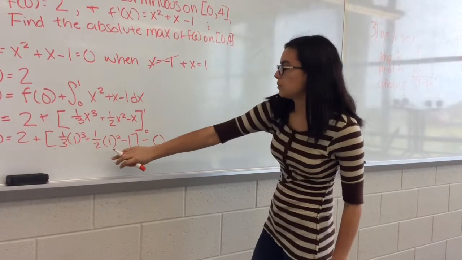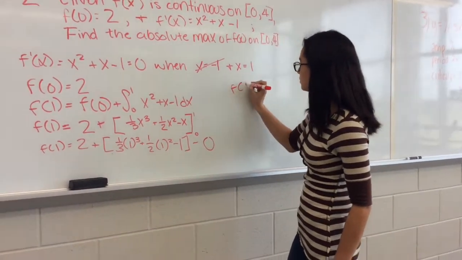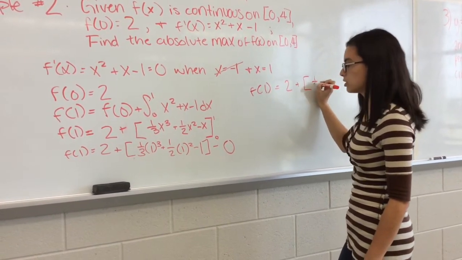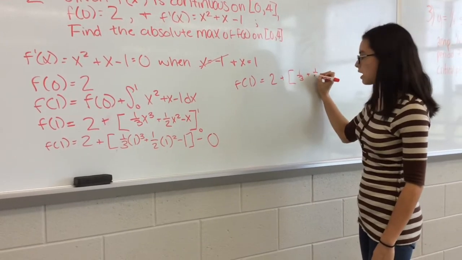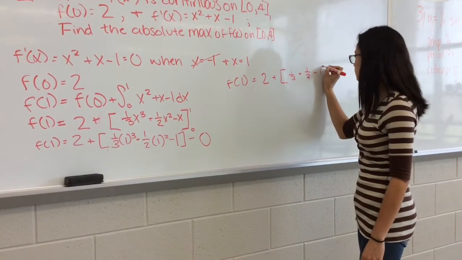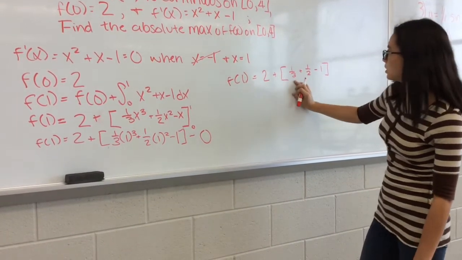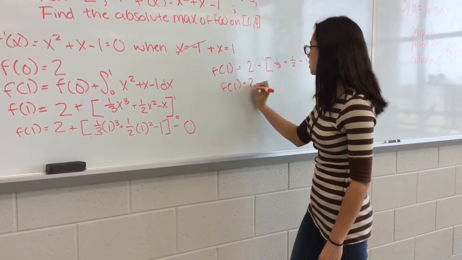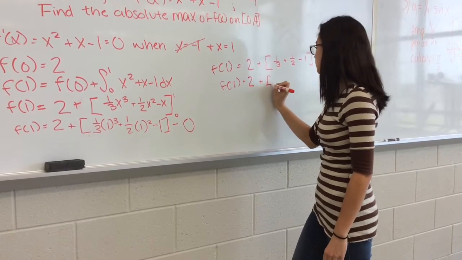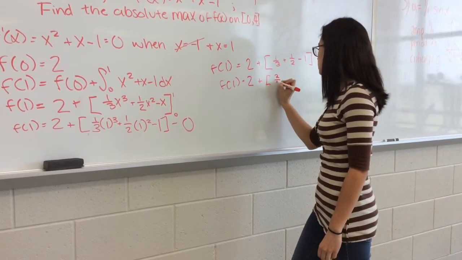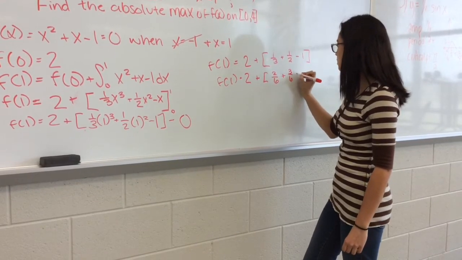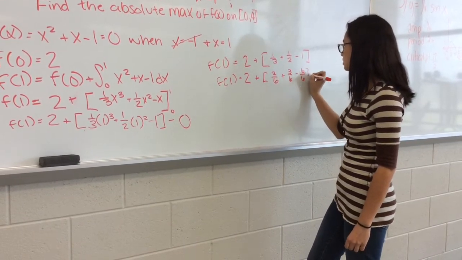Okay, so when we evaluate this, we'll get f of 1 is equal to 2 plus 1/3 plus 1/2 minus 1. And I'm going to put this in a common denominator, so it's going to be 2/6 plus 3/6 minus 6/6.